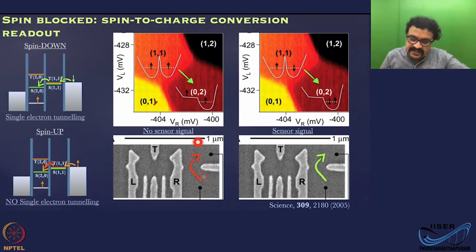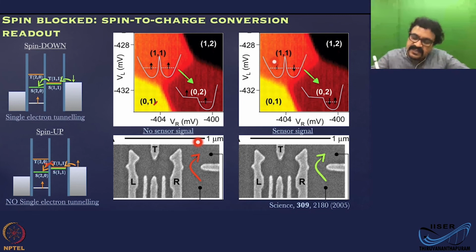This sensor can detect whether the electron has gone from here to here or not. The sensor will not show any change in the current. That sensor will not register any event. If the sensor is not registering any event, you can say it's a spin 1, it's a state 1. Qubit state belongs to 1.